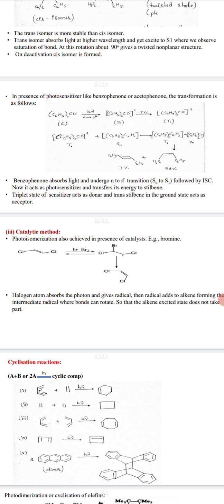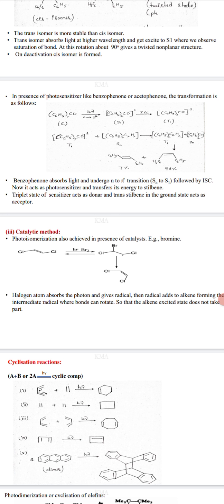So this gives rise to a singlet benzophenone, that is an excited singlet state. So instead of going to the triplet state directly, it undergoes an intersystem crossing that gives rise to a triplet state.